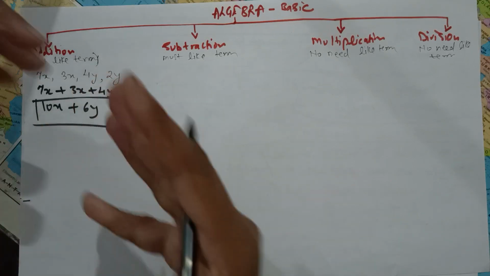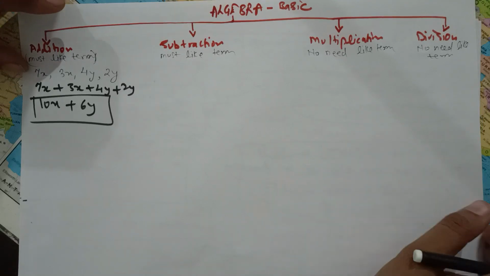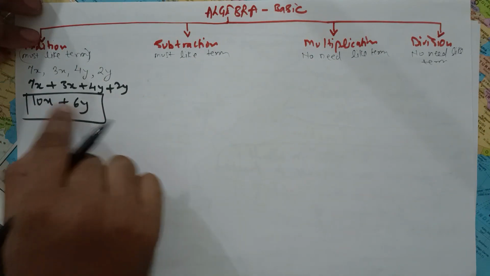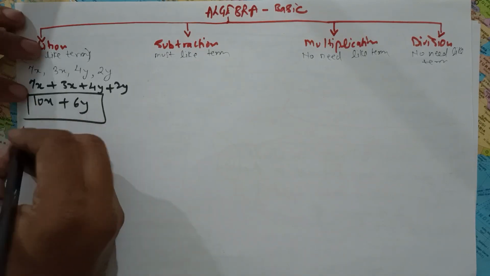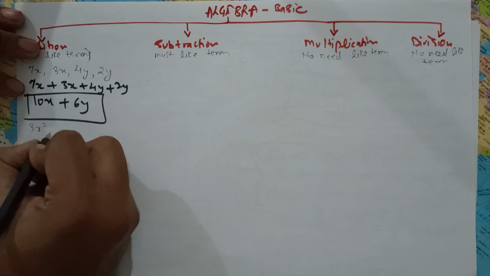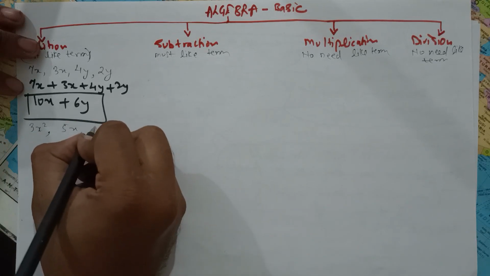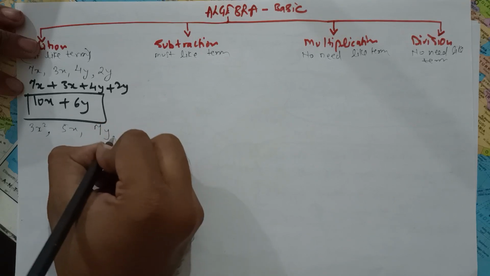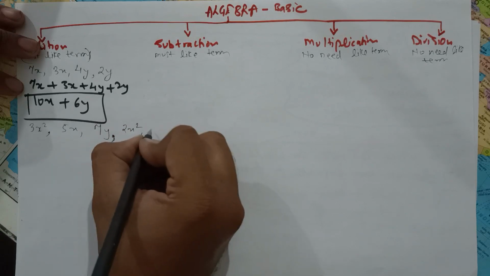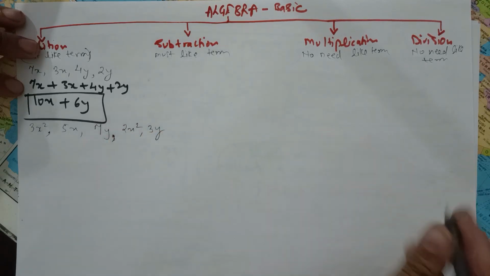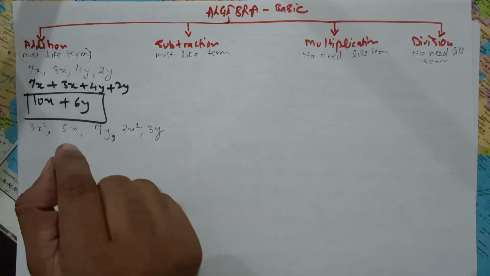x and y are not matching up. They can't be added to each other, right? For example, these are 1, 2, 3, 4, 5, these 5 terms are given.